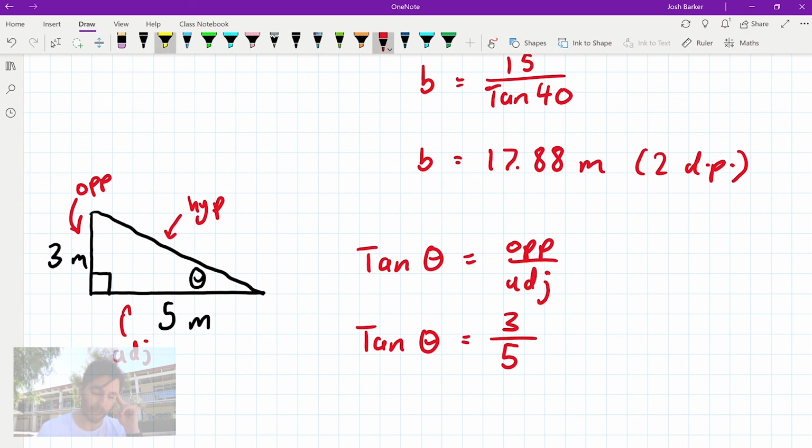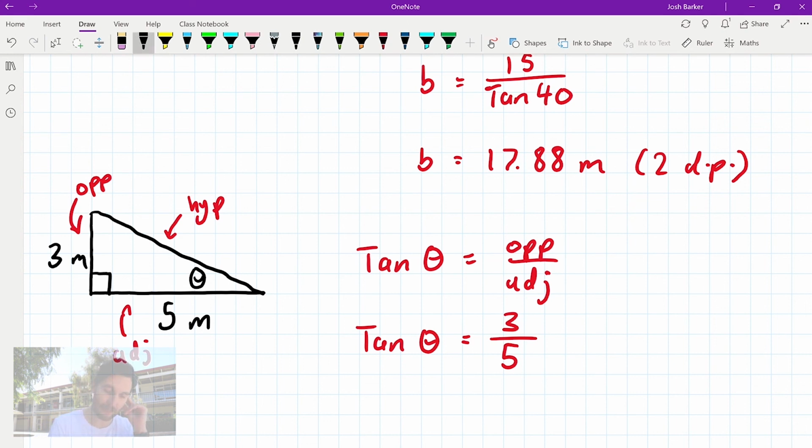Okay, so in algebra, if you've got one unknown in an equation like this, you can always rearrange it to solve for that one unknown. Where this one is a little bit different is that because we're using this special ratio, we can't cancel off that tan function by doing a normal multiply or divide to get rid of it.